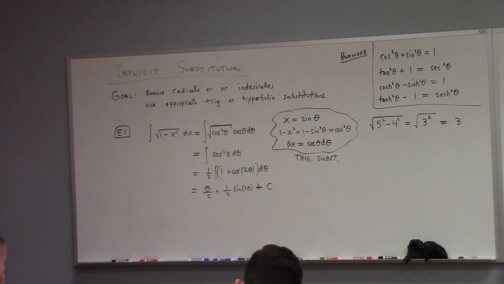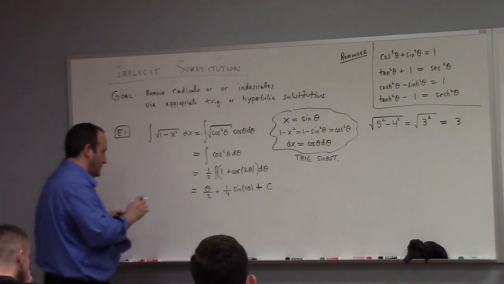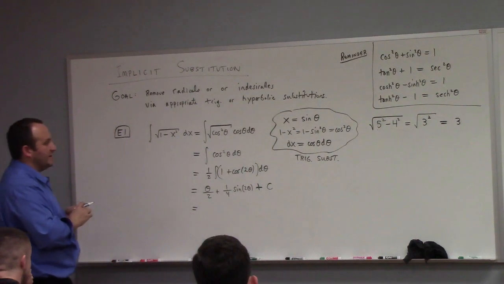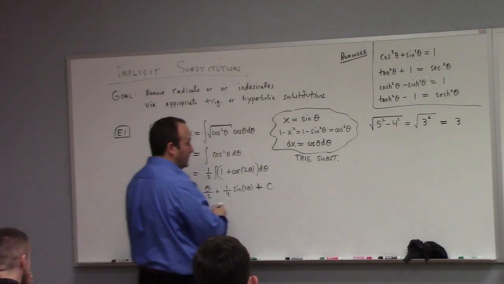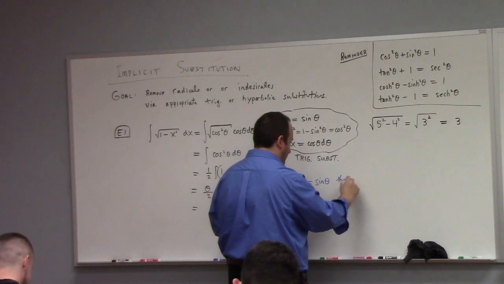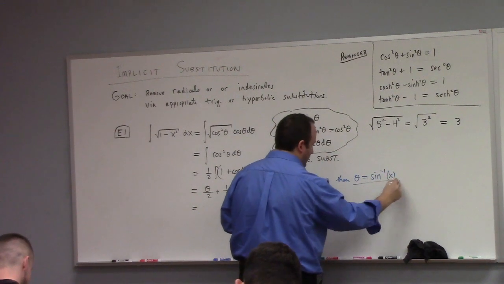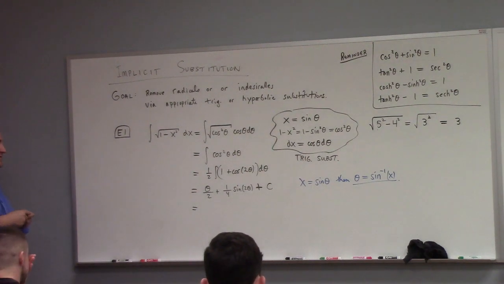Is that the answer? Well, no. Now we need to go back and put our answer in terms of x, right? So what's theta equal to? Yeah, if x is equal to sine theta, I heard then theta is equal to inverse sine of x. And the answer is going to involve inverse sine of x.